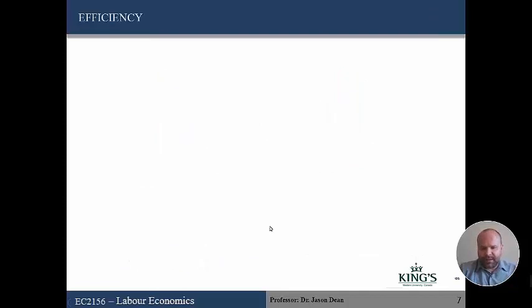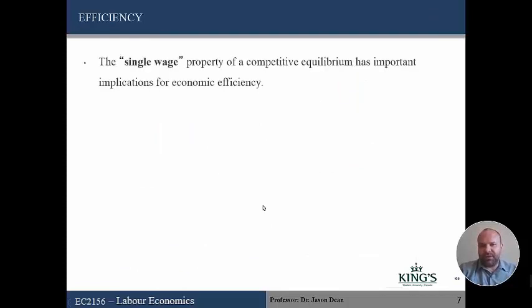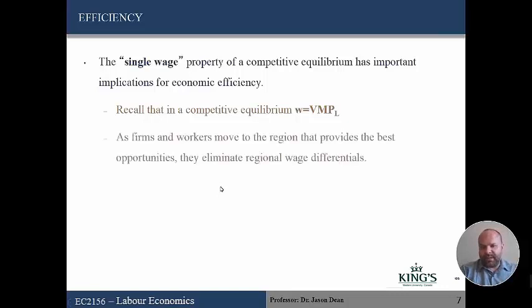And this has lots to say about efficiency, this sort of single wage property of a competitive equilibrium. If you remember, in a competitive equilibrium, the wage is equal to the value of the marginal product of labor. And we see here that firms would move to the regions that provide the best opportunities or the higher wages, and that's going to eliminate regional wage differences.